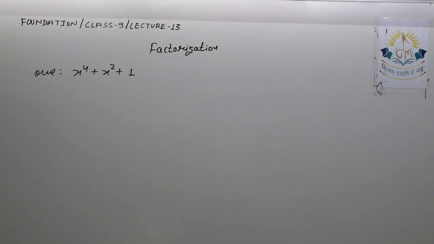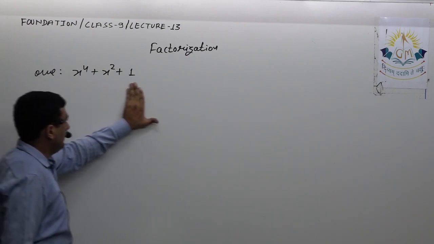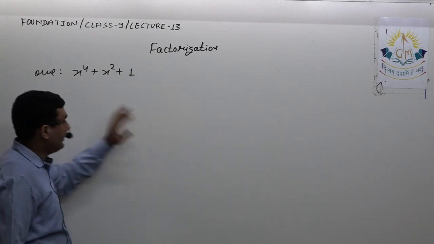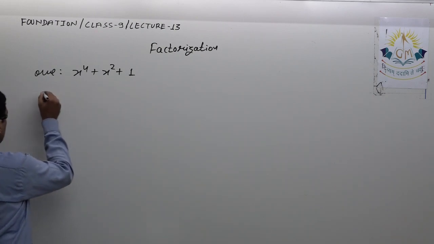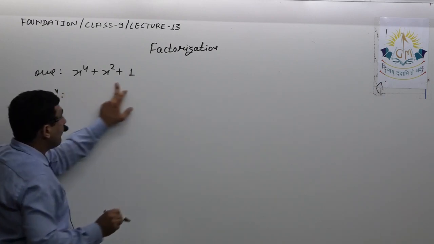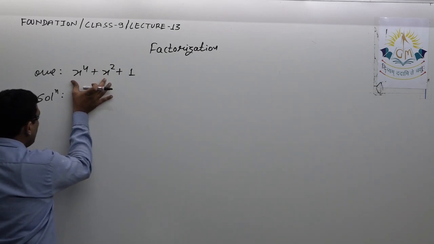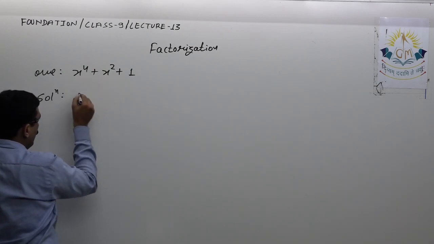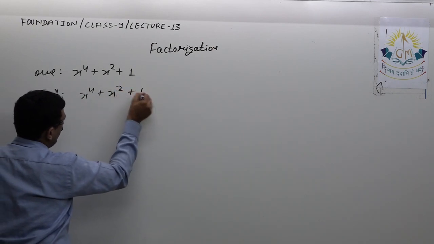Okay, so let us see how to solve this. See, this doesn't fit in any identity, even though this is a square plus b square. So we have to adjust it to get an identity. Here all three terms are complete squares, so it might take some time. So I'm considering these two as a square plus b square. So here I wrote x raised to 4 plus x square plus 1.